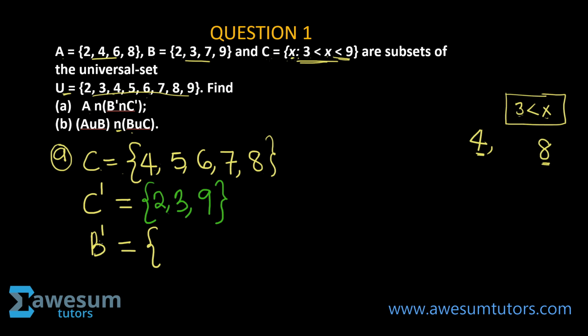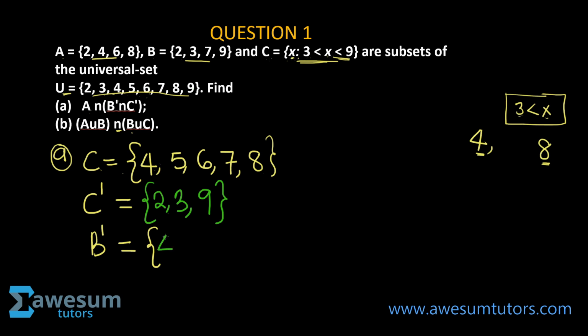So if this is B complement, it means what are the things in the universal set but they are not in B. So let's start. 2 is in the universal set, it is also in B. 3 is in the universal set, it is also in B. 4 is in the universal set, it is not in B. I will put that down.